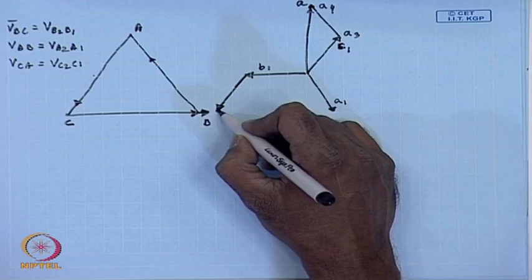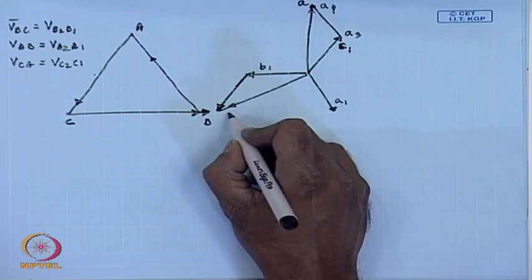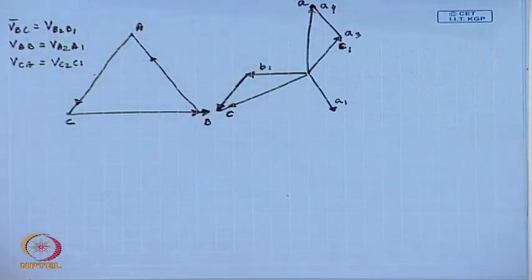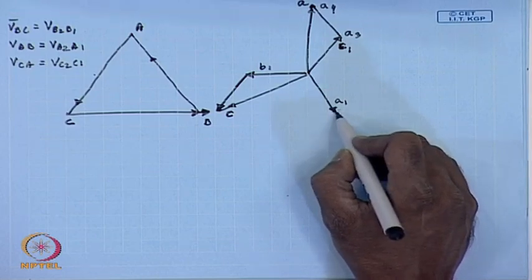Hence, this will be the voltage phasor VC or this is the C phase, and phase B is obtained by connecting B4 B3 with A1 A2.